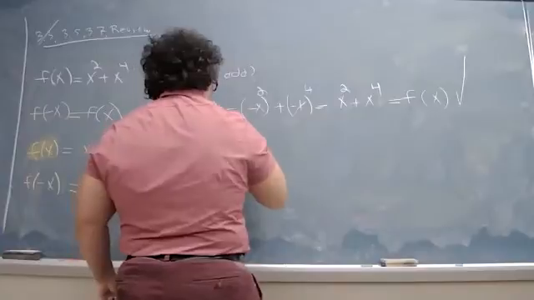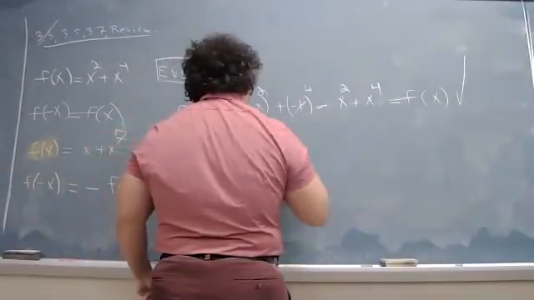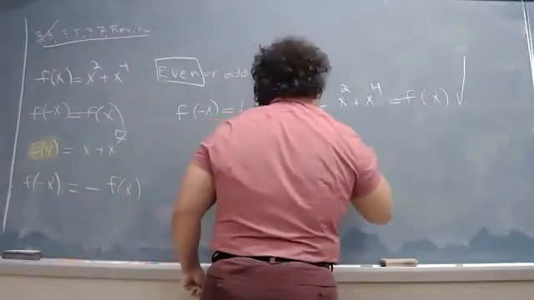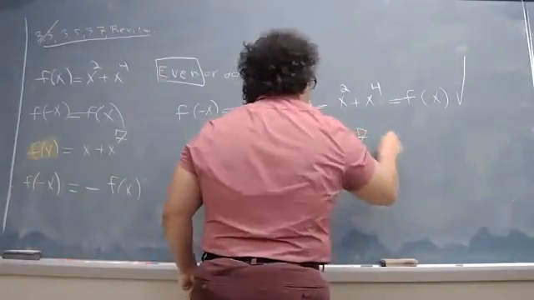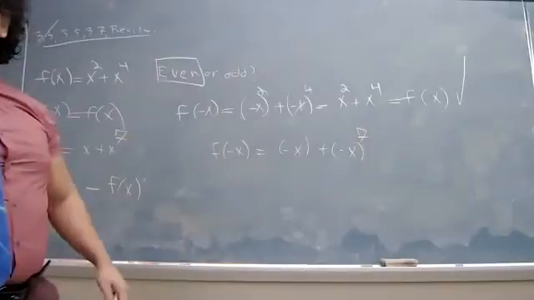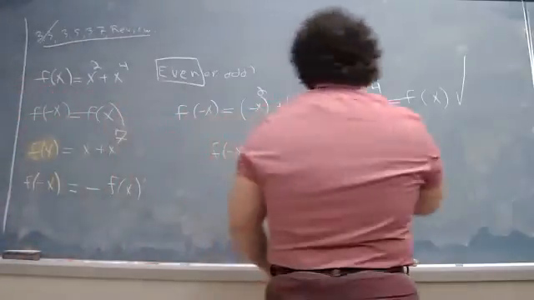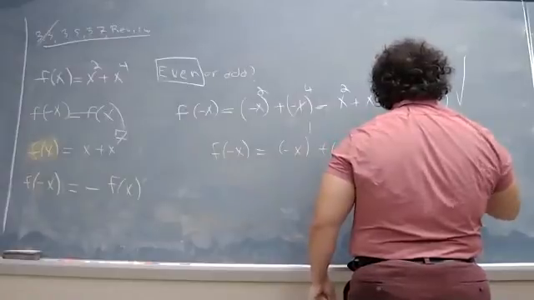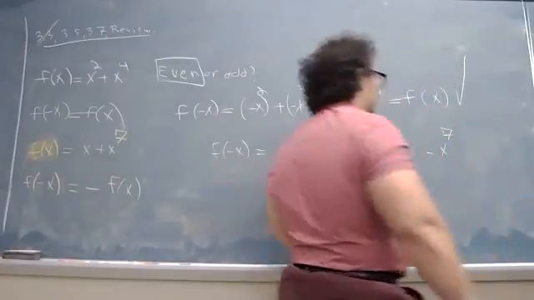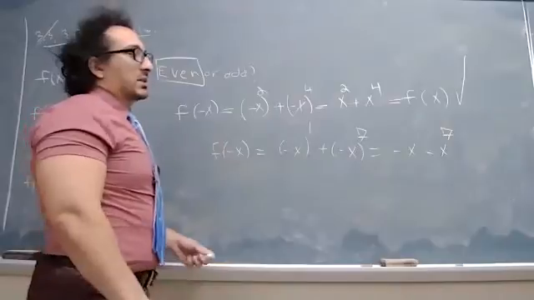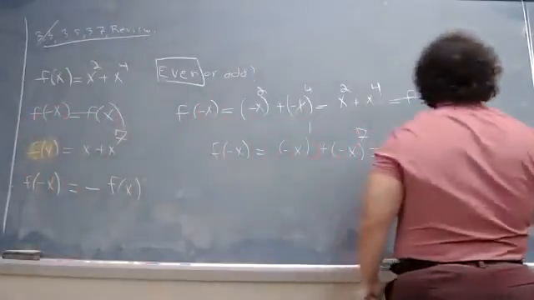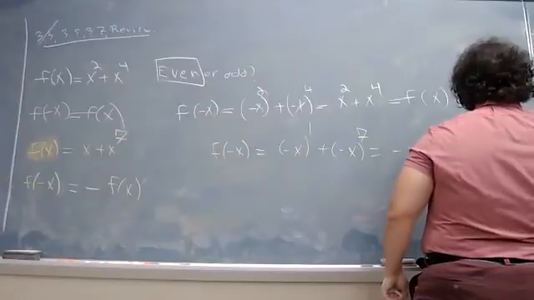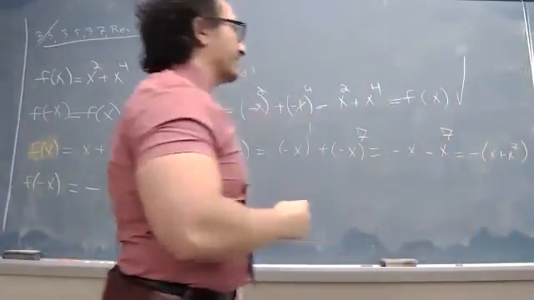Well, f of negative x is the same thing as negative x plus negative x to the 7th power. But anything raised to an odd power stays negative. Right? Notice that we can factor out a negative now, basically multiplication by -1, to get that.